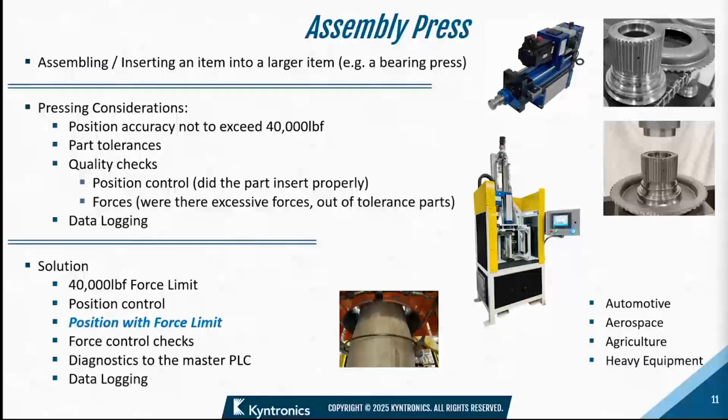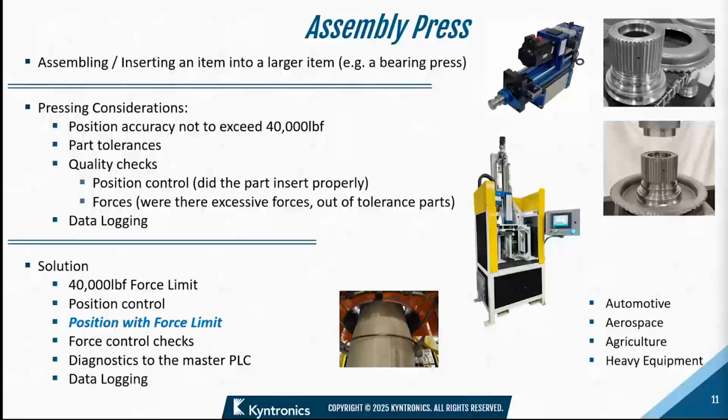So our solution provided the actuator that can provide the 40,000 pound force capability. It had position control. It also had the force control. And we went into the mode of position with force limit. So what is that? You can go to a position, you have to have a target position with a force limit.